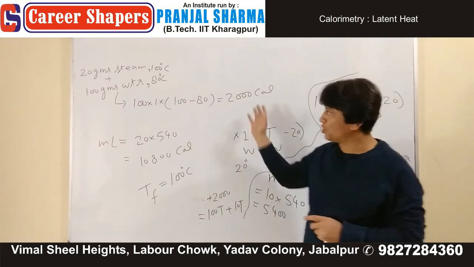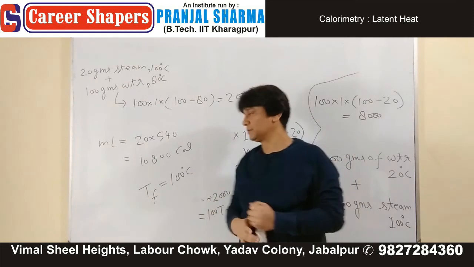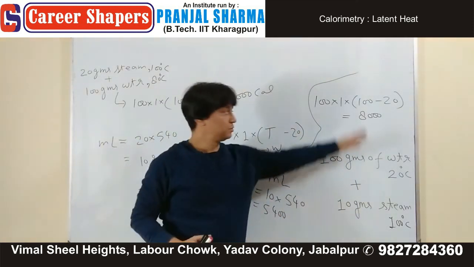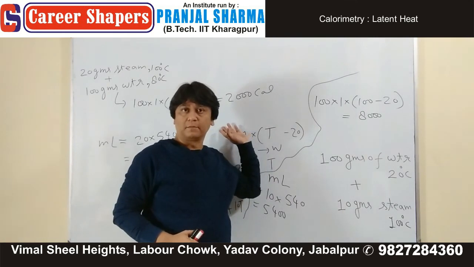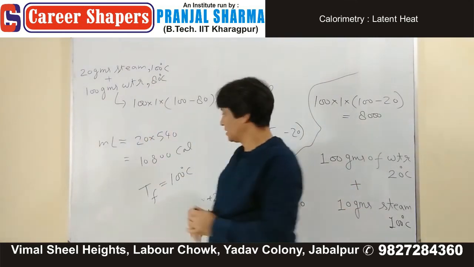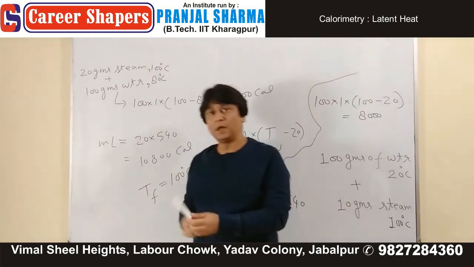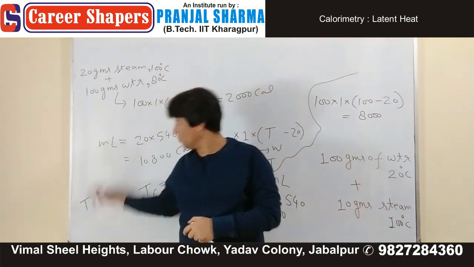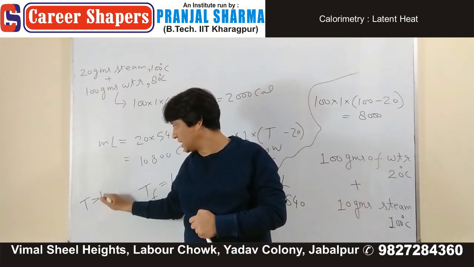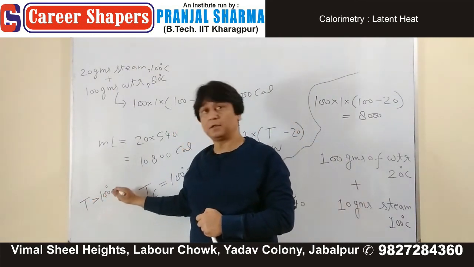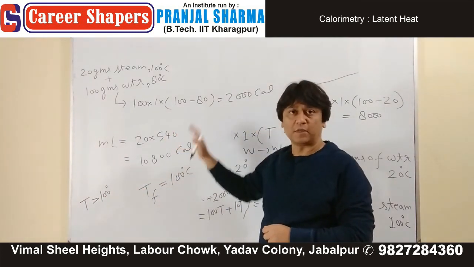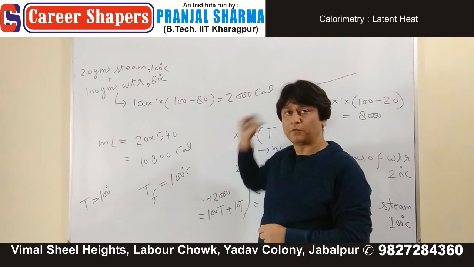In case you could not figure this out and you start with the same approach which we did, source, sink, and you solve the whole thing, for this particular data set your T will be coming greater than 100. You can try that. Use the same ice to water, then water to water, and then on the right side.